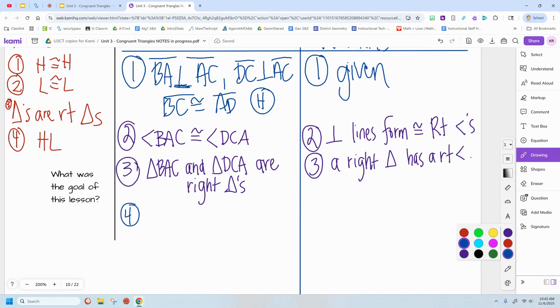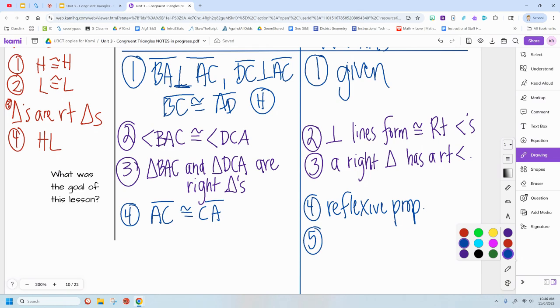So AC is congruent to CA by the reflexive property. And right here, we have our congruent legs.